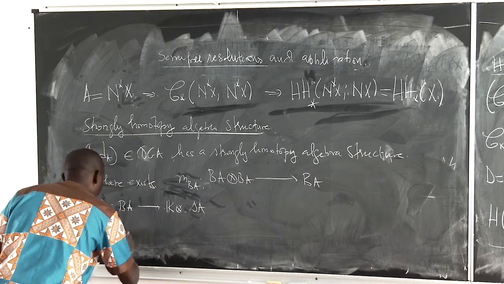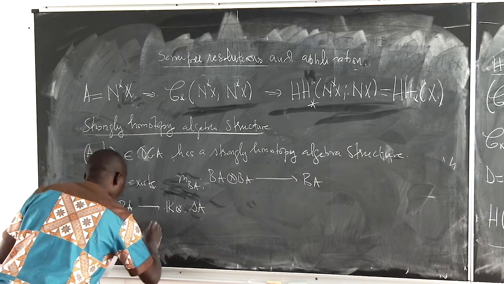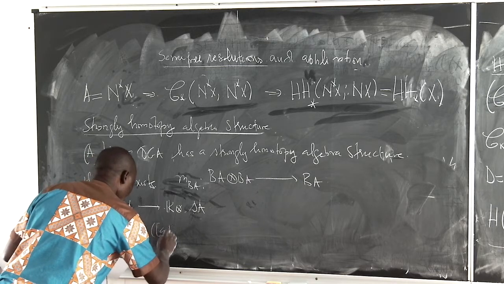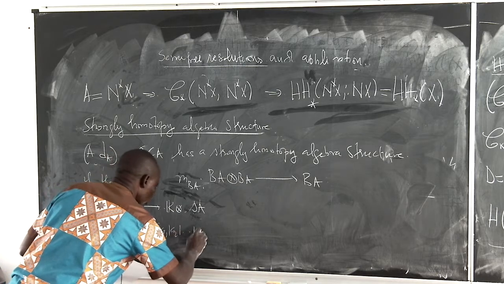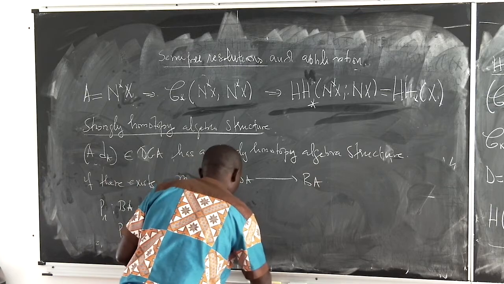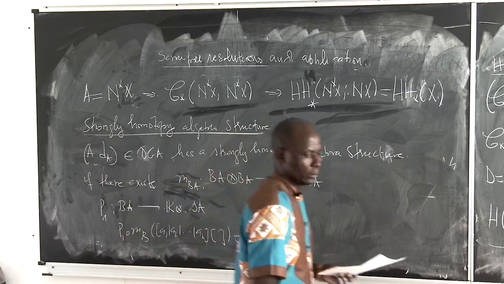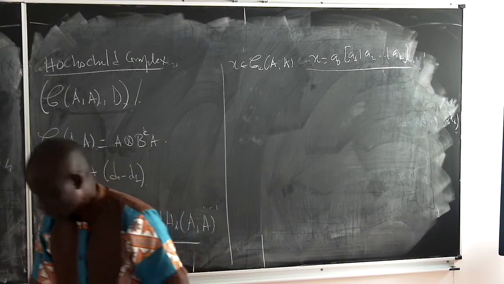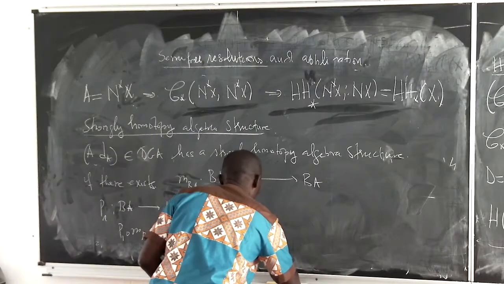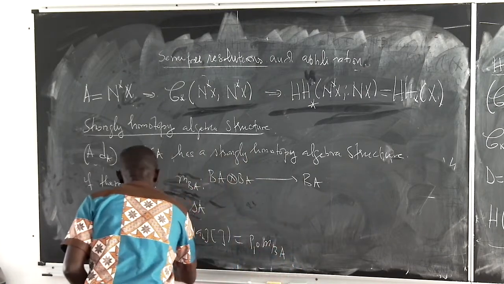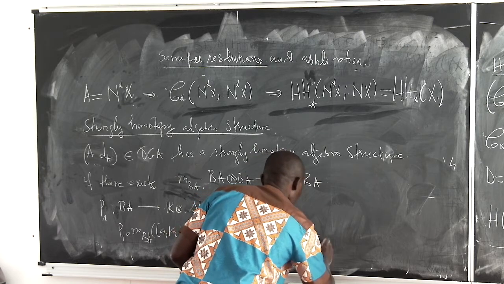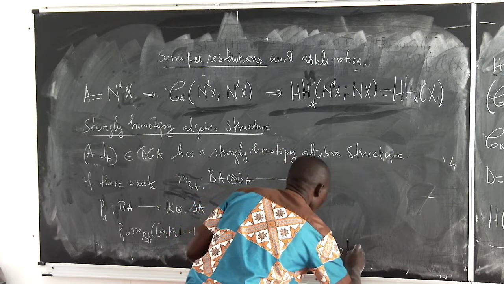We have P1 composite with MB applied to A1, A2 up to AK is equal to P1 applied to B, MBA applied to A1, A2, AK.